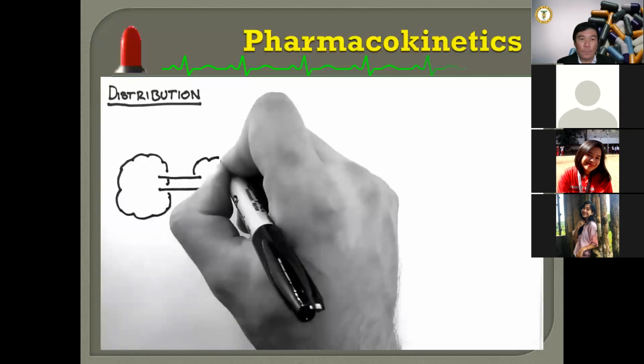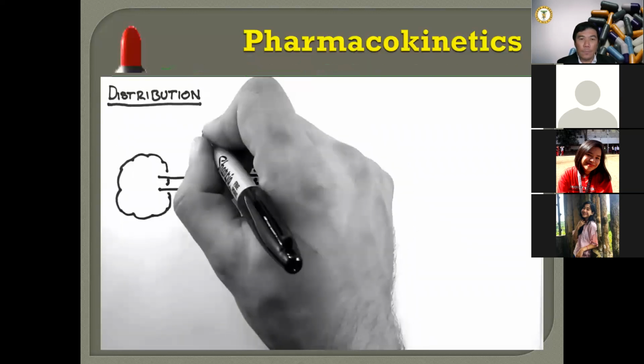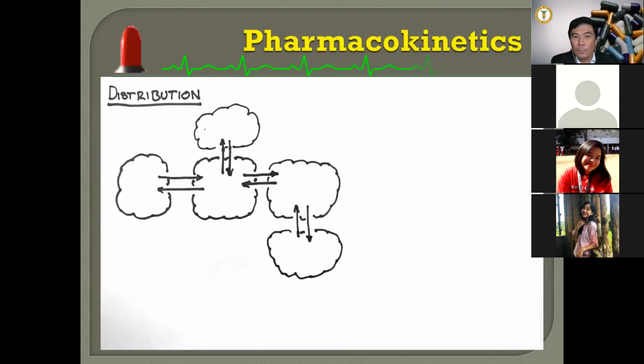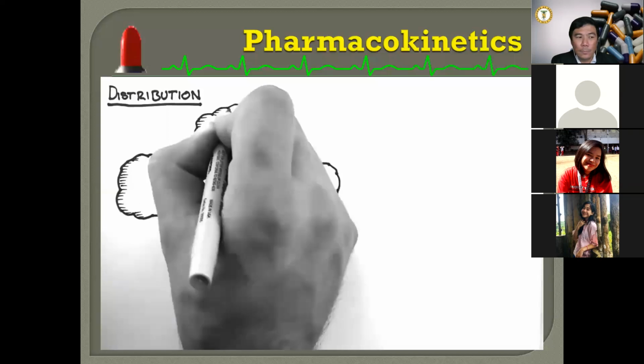For the purposes of distribution, we can consider that the body is made up of 4 major compartments, which are really collections of fluid, and numerous minor compartments.